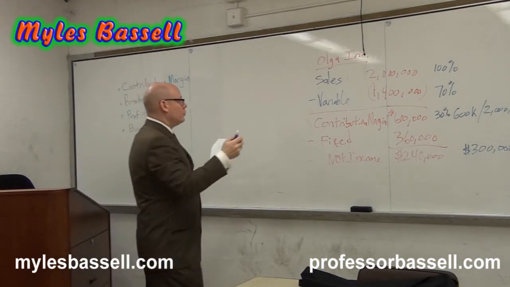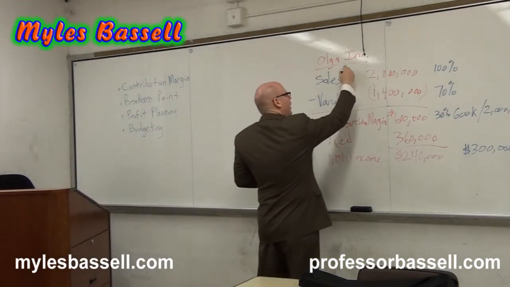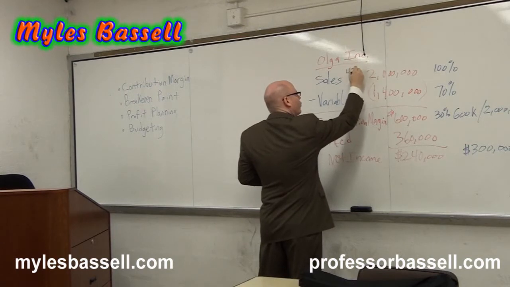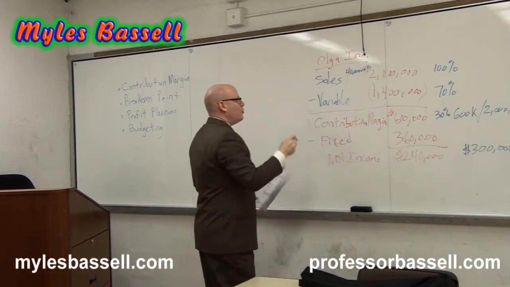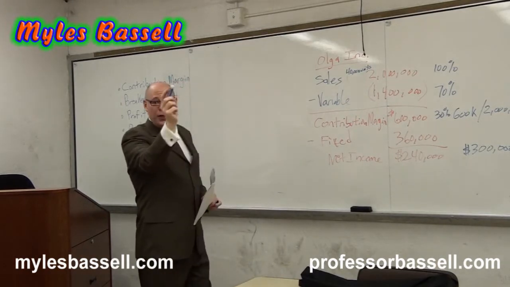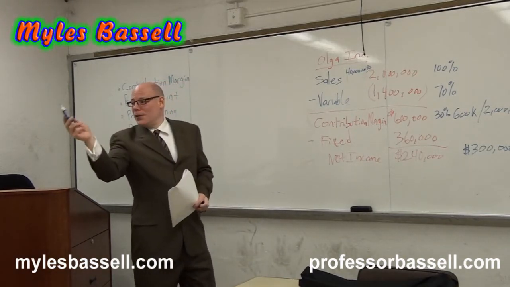Remember, this is at 40,000 units. If we're selling 40,000 units and our sales are $2 million, what does that tell us?